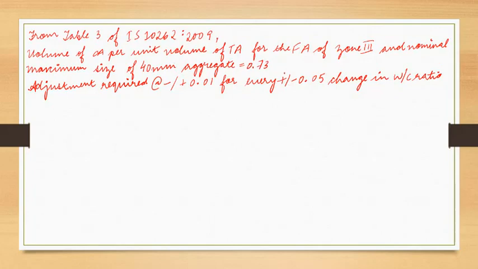So here our water cement ratio is 0.4, so the change is -0.1, so we make an adjustment of +0.02.